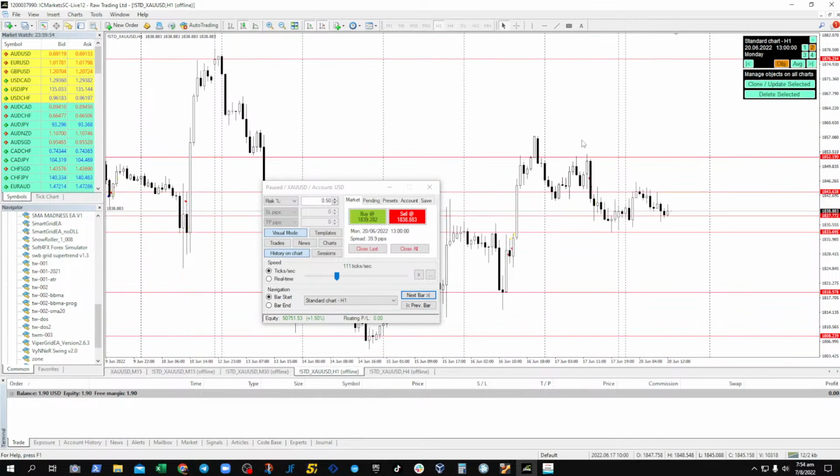Now we go to H1 for our SNR, SND level. Gonna mark it. This one, supply zone, another supply zone, and then this one looks like a demand zone over here.